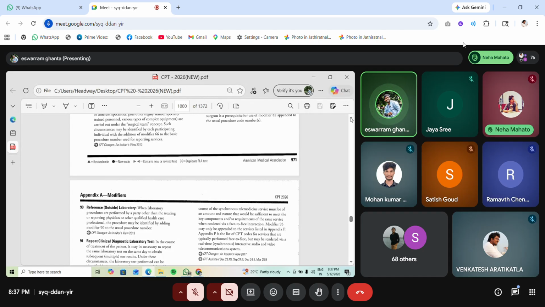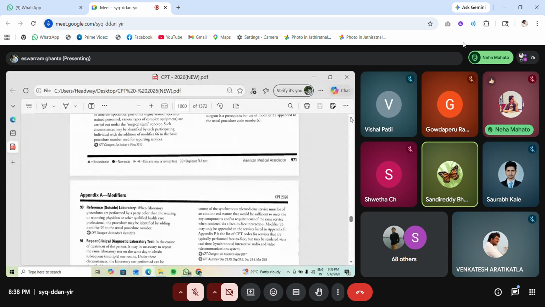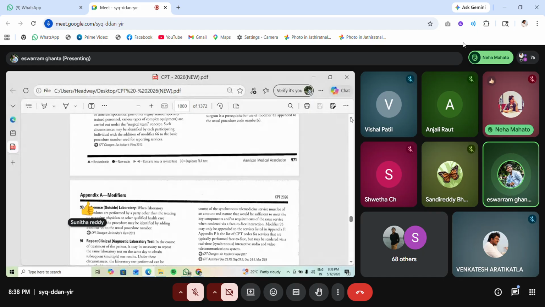Are you following the class? Yes, sir. Okay, 73 and 74, note down. For 73, discontinued outpatient procedure before anesthesia.